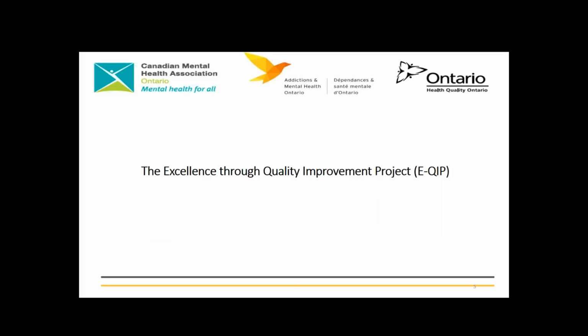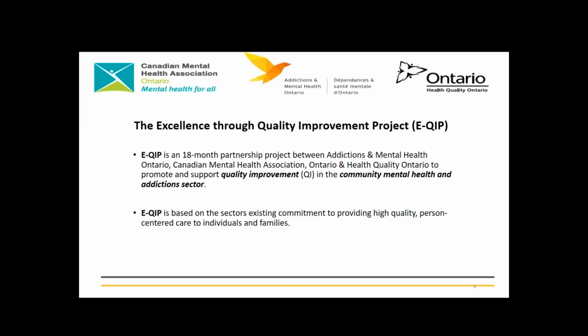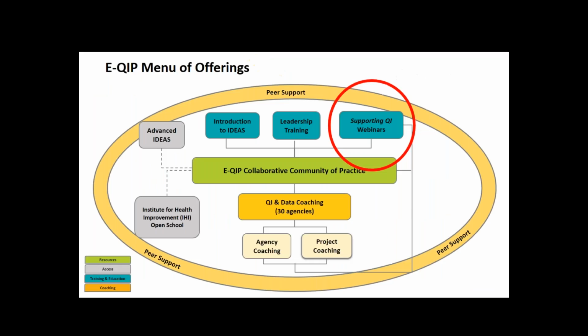As I'm sure everybody's aware, we are the Excellence Through Quality Improvement Project, or E-QIP, an 18-month pilot initiative between three partner organizations: CMHA Ontario, Addictions and Mental Health Ontario, and Health Quality Ontario. We're the first quality improvement initiative of its kind in community mental health and addictions, and we're trying to support as best we can the growth and development of quality improvement within our sector.